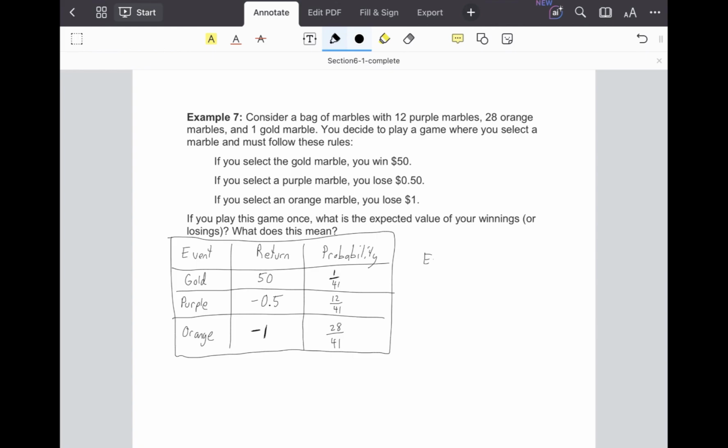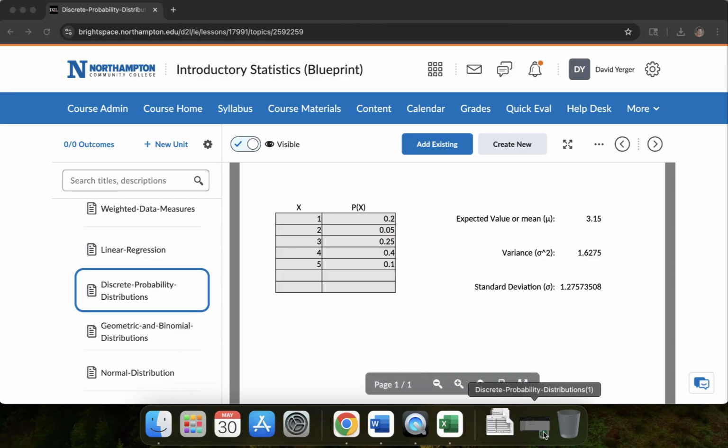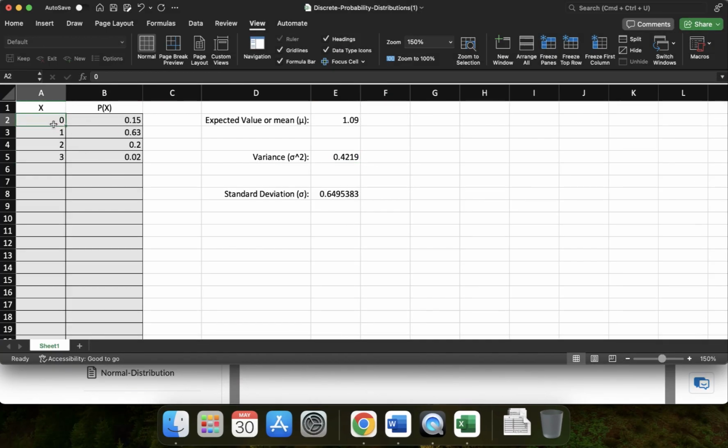And we can get our expected value using Excel. So I want to show you that to show you how to do the division with the numbers. So typing 50, negative 0.5, negative 1. Gotta get rid of that one. And then for 1 out of 41, I'm going to put the equal sign, put 1 / 41.